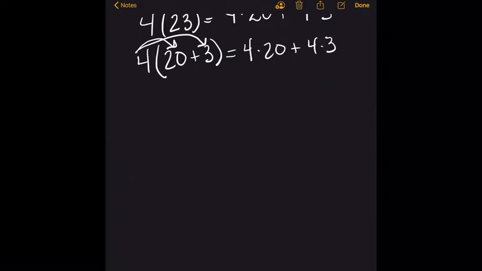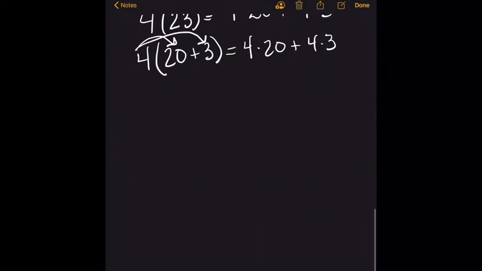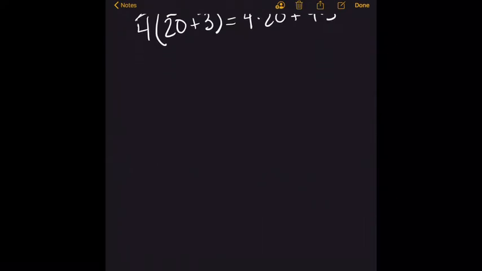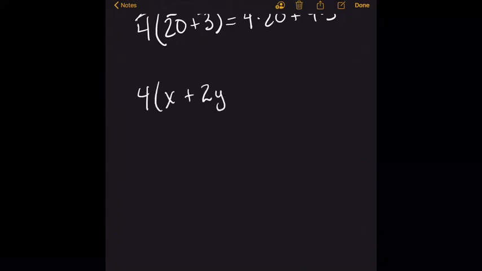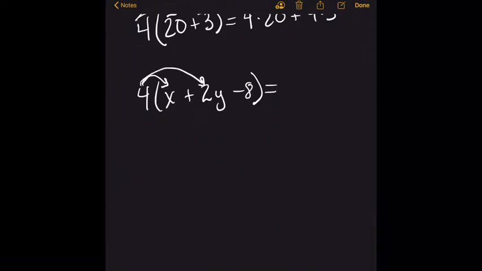So what if we have 3 terms in parentheses, like our very first practice problem there? 4 times x plus 2y minus 8 is equal to, you're going to multiply 4 by each term.